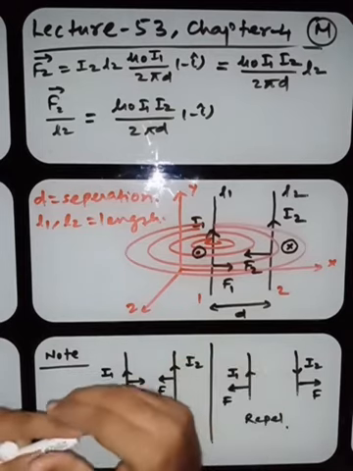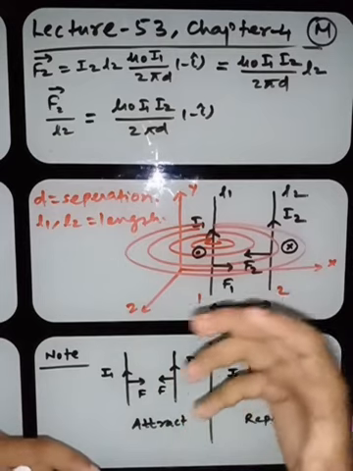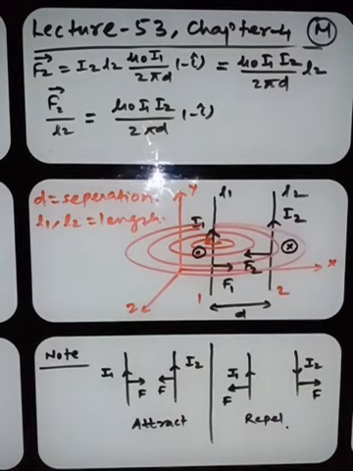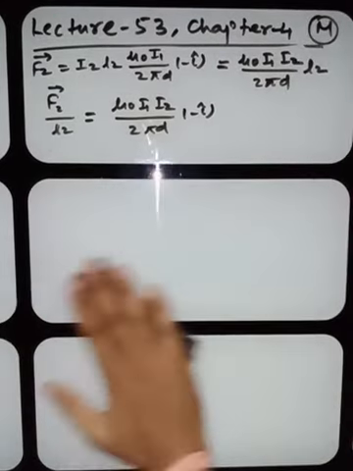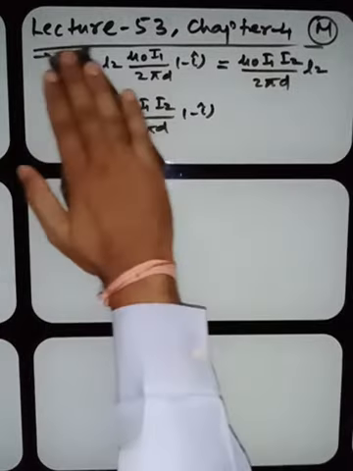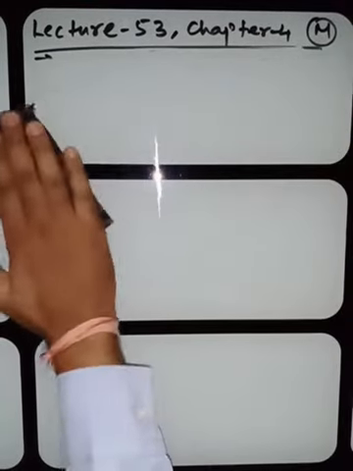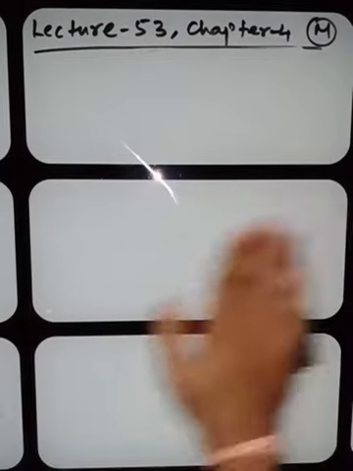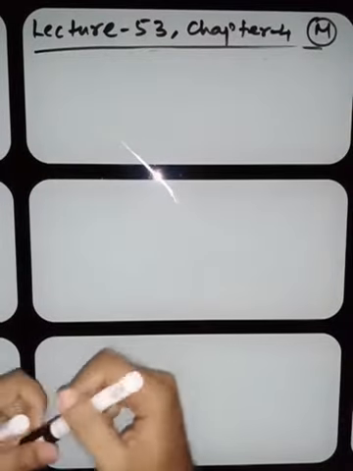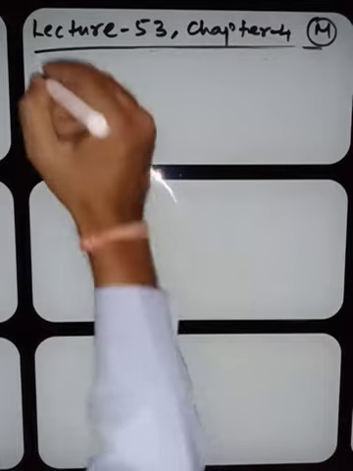Okay, my dear students, now let me discuss a few numerical questions. You should remember the formula: F is equal to mu naught I1 I2 by 2 pi d into L. Here is the question.